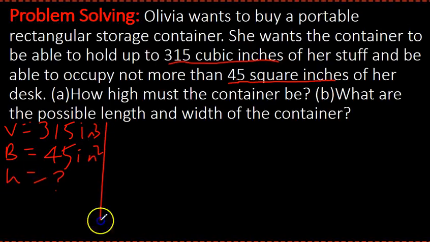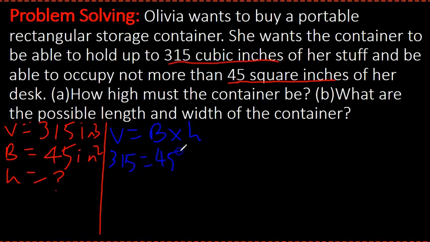Okay, so we just write the formula: volume equals base area times height. Then we replace V with 315. We replace the area with 45. And we solve the equation for height.